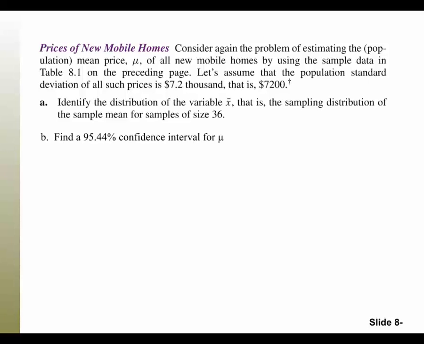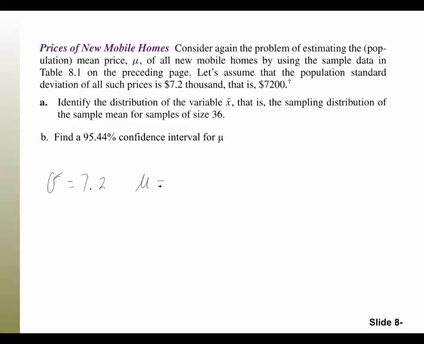Okay, so here are the prices of mobile homes. They're going to assume that the population standard deviation is 7.2 thousand. Identify the distribution of the variable x bar, that is the sampling distribution of the sample mean for samples of size 36.